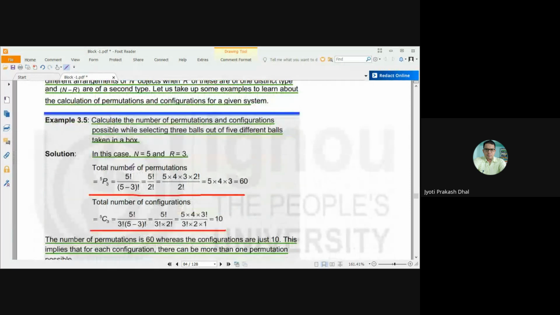So here one particular example is there. In this example, we will calculate the number of permutations and configurations possible while selecting 3 balls out of 5 different balls taken in a box.